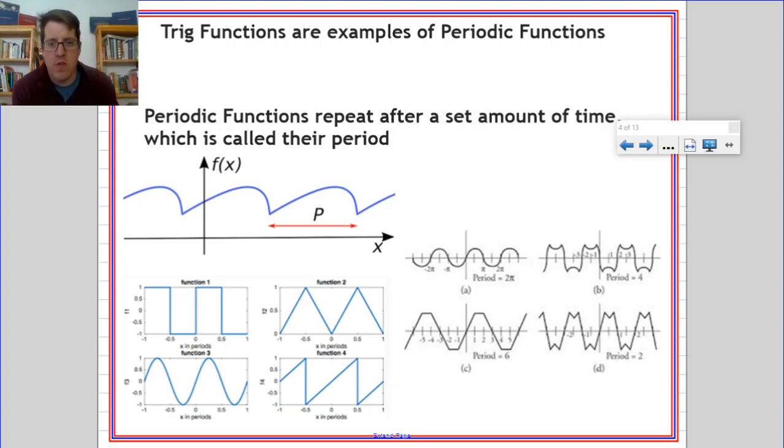And trig functions are examples of periodic functions. These show up in physics class and even in engineering class and things like that. So they're super useful. We've got here an example, a square wave, a sine wave, and then some sawtooth waves. These are sort of things that would pop up in different places.